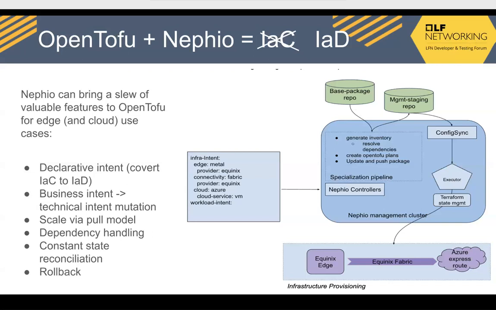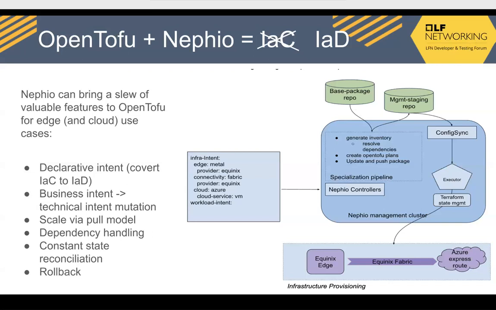And dependency handling. In the PCEI use case, which I just talked about, there were a lot of dependencies. For instance, we first have to run the Azure ExpressRoute Terraform and then get the provider keys. Those provider keys will be an input to the next Terraform plan, for example Equinix Fabric.